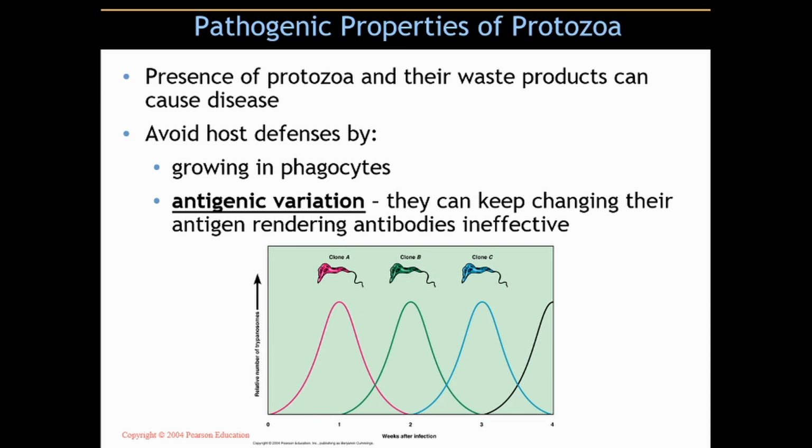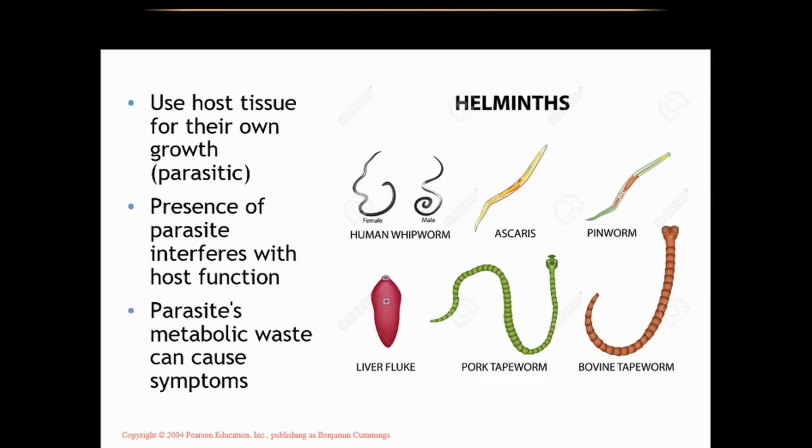So they're causing a variation of their antigens or their surface molecules, usually proteins, on their surface. And so every time a new antigen comes in on their surface, it's like a brand new infection occurring within an individual. It's relentless. It just progresses on, and it just wears a person down to the point of death. So, a major pathogenic property of protozoa.